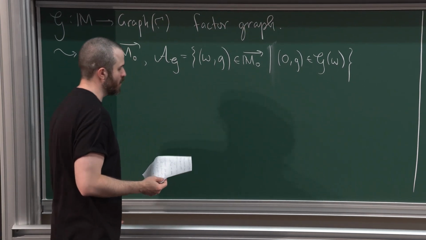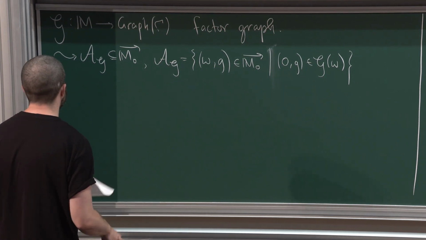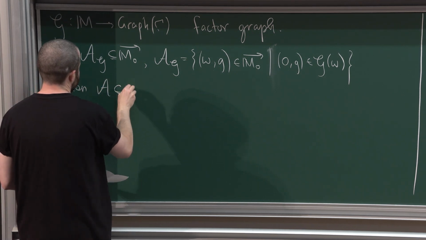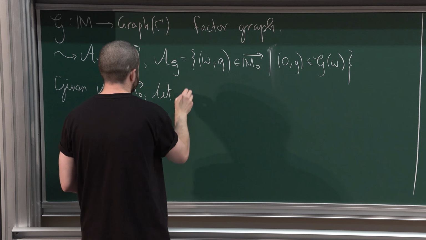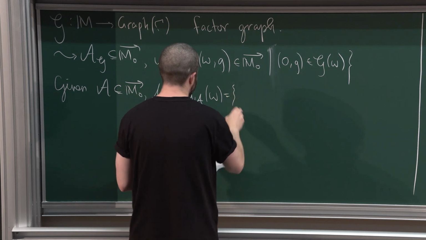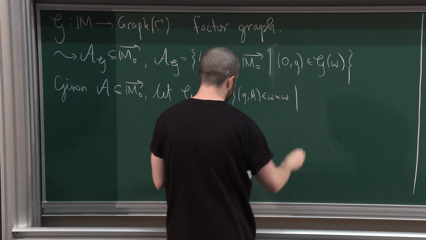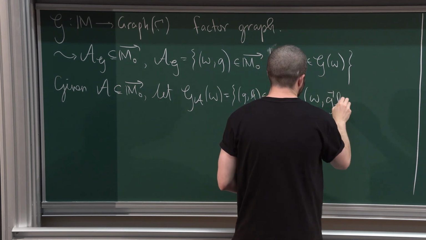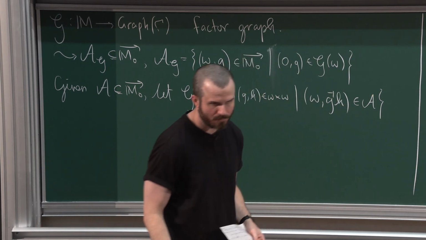So this is some association of a set of arrows to the factor graph, and there is an inverse to this. So I'll write this down. Given now some other set of arrows A, you can build a factor graph associated to it, which I'll denote G sub A. So G sub A of omega is supposed to be all pairs (G, H) in omega times omega, such that if I look at this slightly strange expression, omega G inverse H, this is an element of A. Okay.